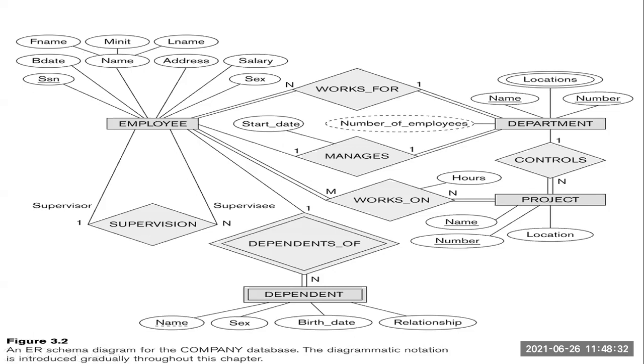Can anyone tell me what kind of attribute the name represents? I will give you options: whether it is a key attribute, a multi-valued attribute, a composite attribute, or a derived attribute. From these four options, can anyone tell me what kind of attribute this is?